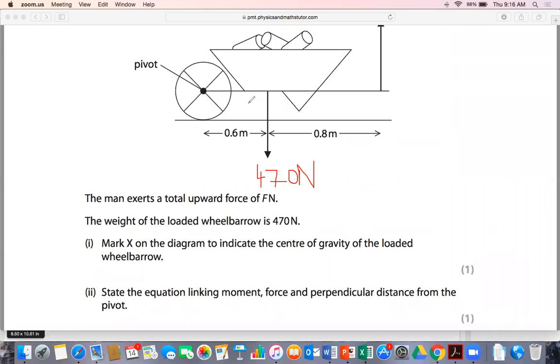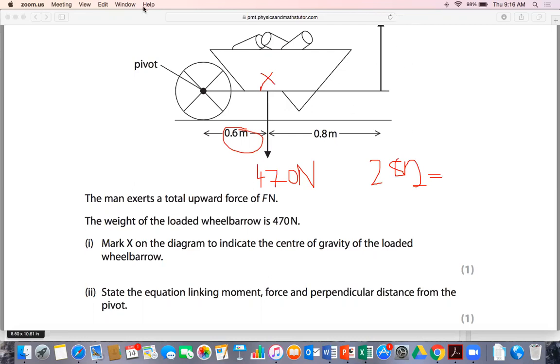If you look at the first one, for the force at the center of this wheelbarrow, it is force times perpendicular distance. So force, which is 470, times 0.6 is equal to 282. And again, moment equals moment.